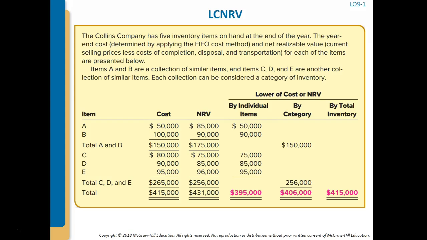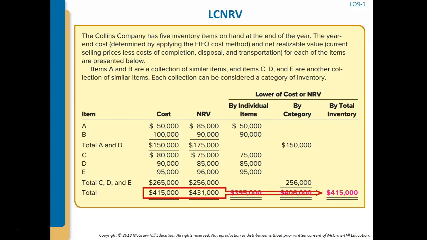Now, finally, we apply the LCNRV approach by total inventory. We see that inventory's total cost of $415,000 is lower than its total NRV of $431,000. So we will report inventory at $415,000.